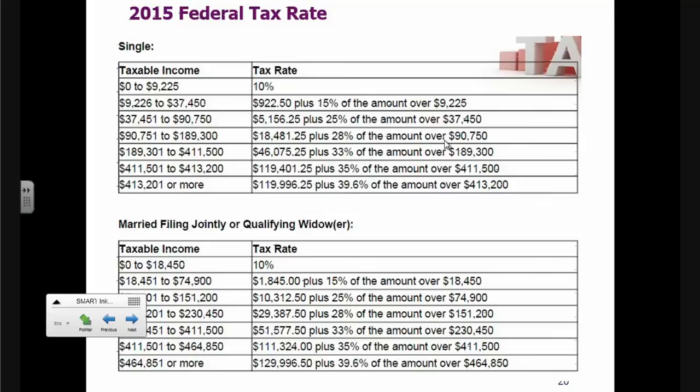If you're married and combine your income, and your income is more than $230,000, your marginal tax rate is 33%.